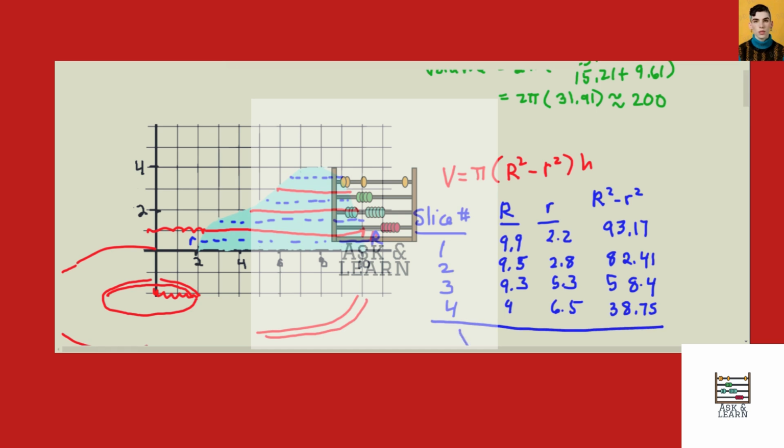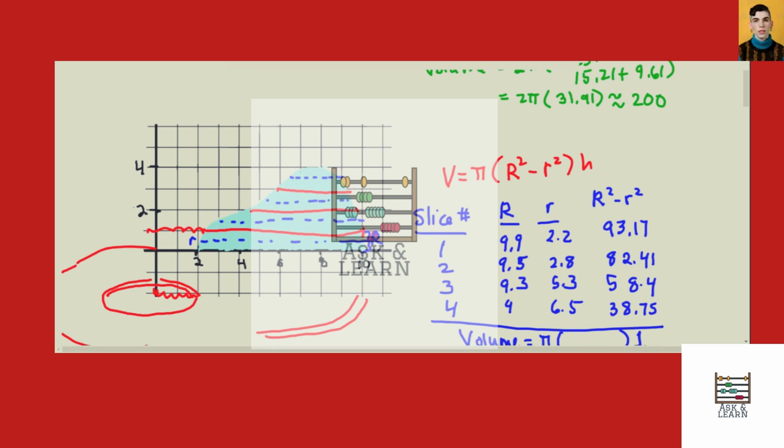So the volume is going to be pi, the sum of these things, times the width, and this time the width is only 1 instead of 2.